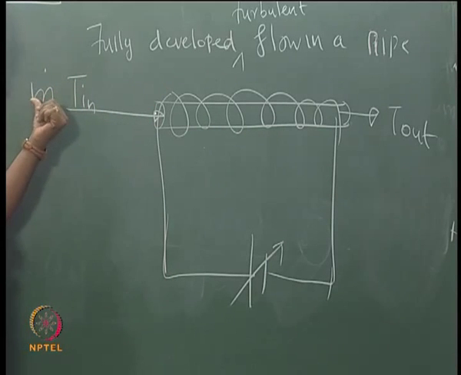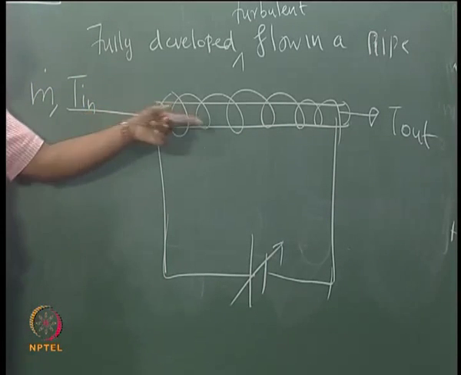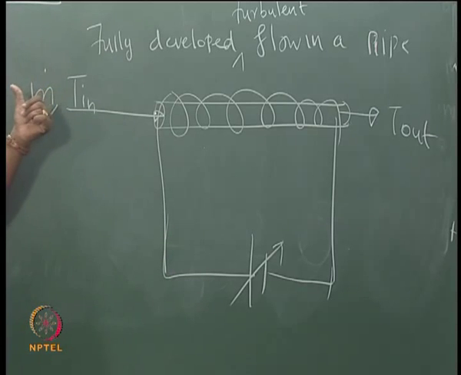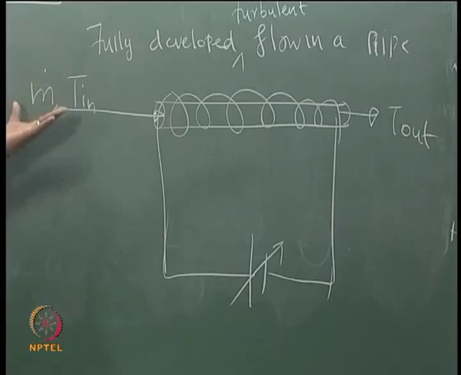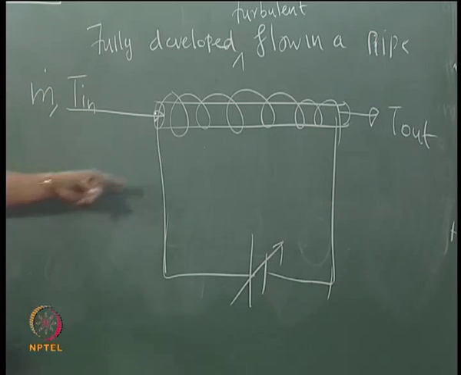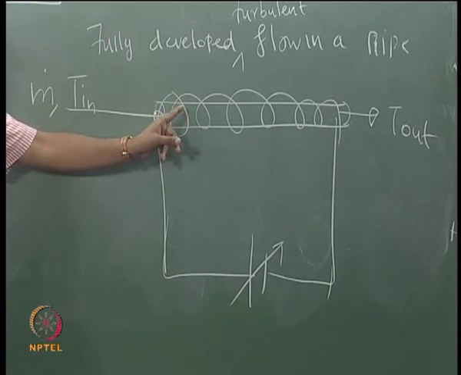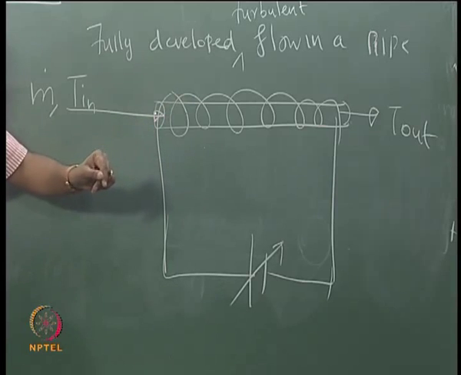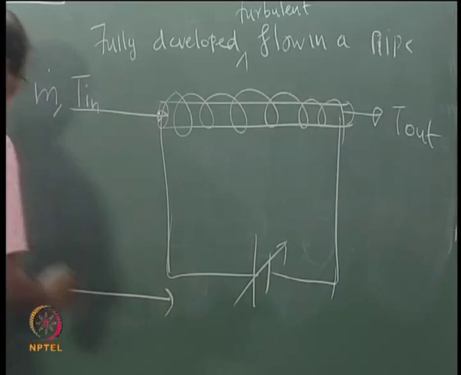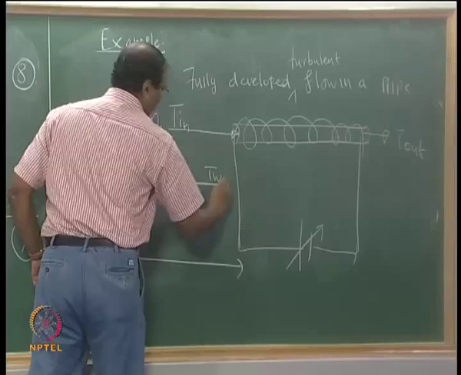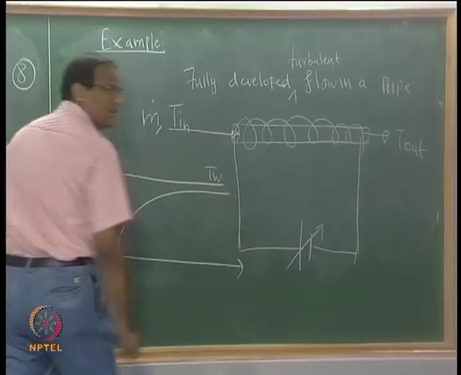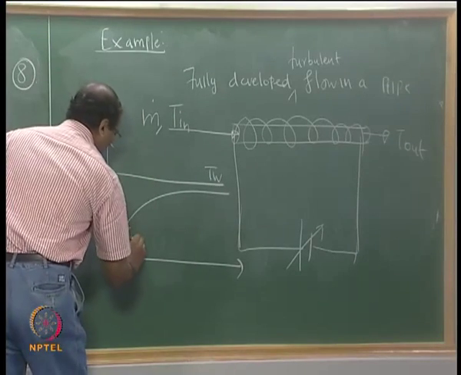That means when I change the velocity, I change the Reynolds number and then I am changing the heat transfer rate. So I am seeing how the heat transfer rate varies with the fluid velocity. This is essentially what we do in convective heat transfer. If this pipe were assumed to be at a particular temperature, then the pipe wall temperature is like this and then this temperature goes up like this.